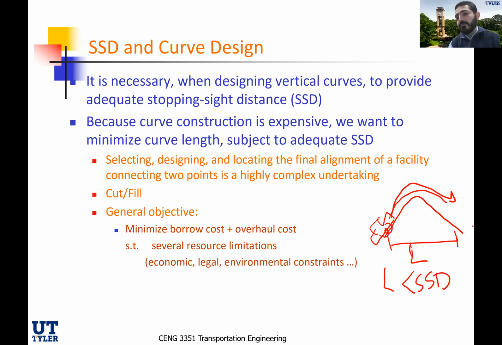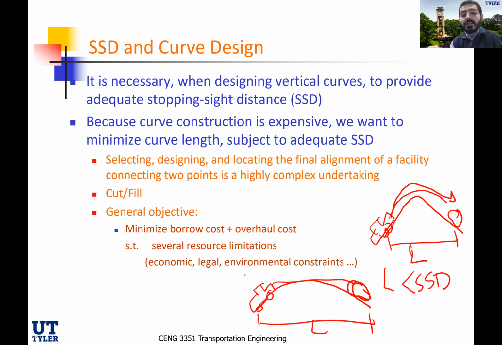Versus if I want to make this curvature smoother, and now the vehicle is right here, and now the L is longer, and now I can see much more. So if there is a danger here, I can see it, but if there is a danger here, I cannot. Your goal is L will be more than or equal to the needed stopping sight distance.